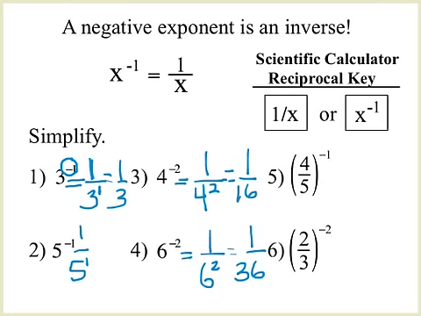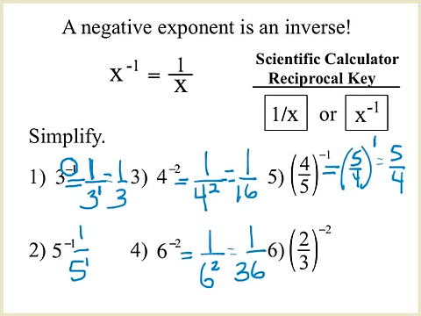Now fractions may be a bit tricky. Remember, with a negative reciprocal, they're both to the first power, only I'm taking the negative exponent, I'm taking the reciprocal. So it's 5 over 4 to the positive 1 power. So that equals just 5/4. 5 to the first power, 4 to the first power.